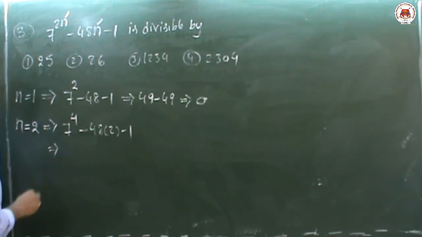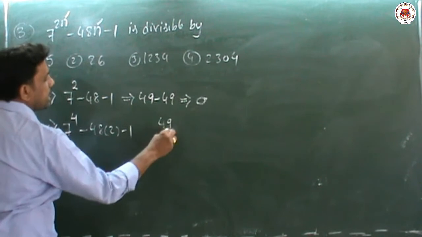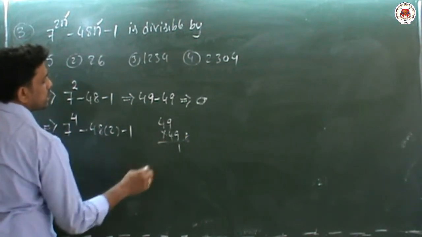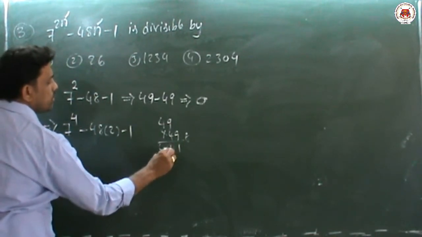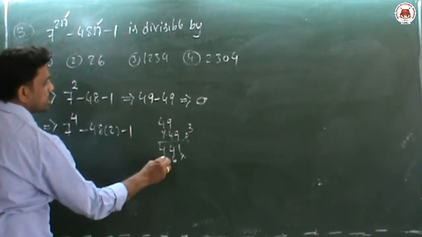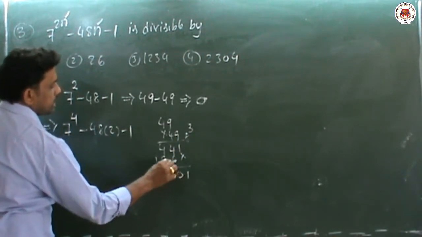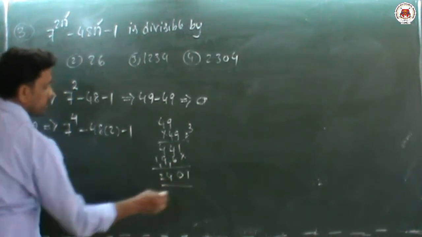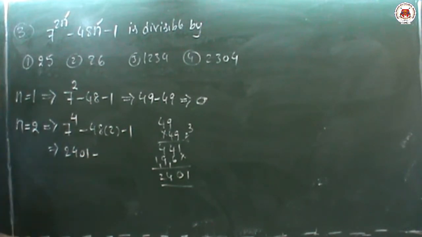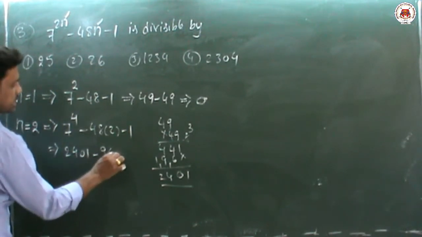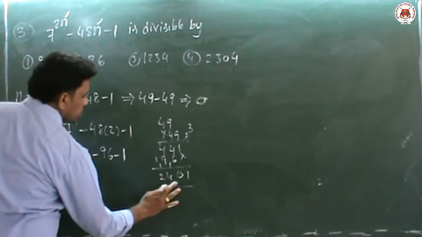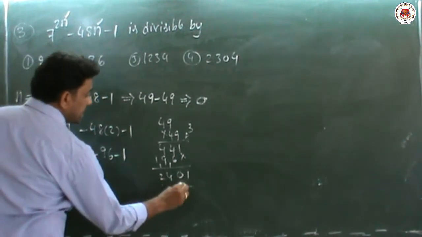So 7 power 4 means 49 into 49. 9 9s are 81, 9 4s are 36, 4 9s are 36, 4 4s are 16, so we get 2401. Then 2401 minus 48 2s are 96, minus 1, so 2401 minus 97.